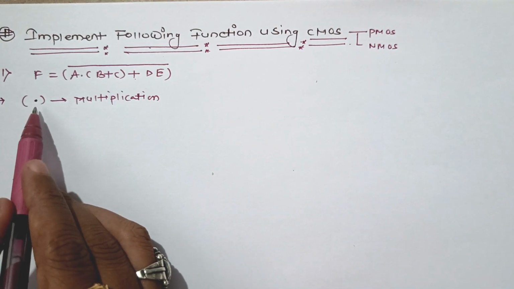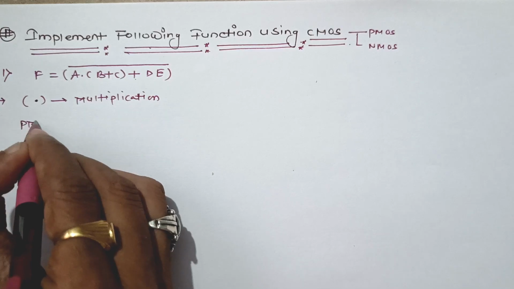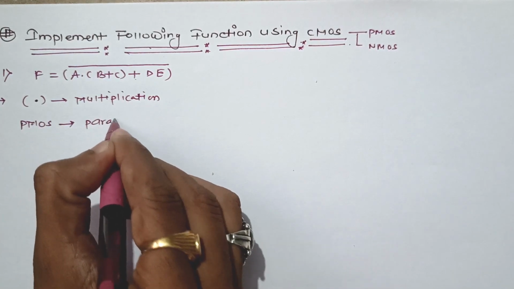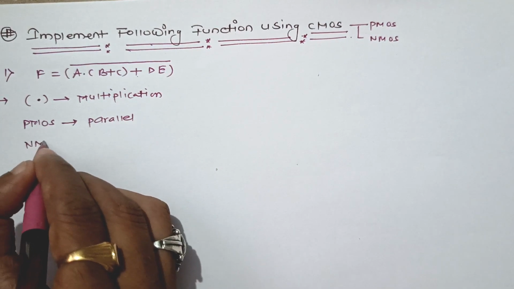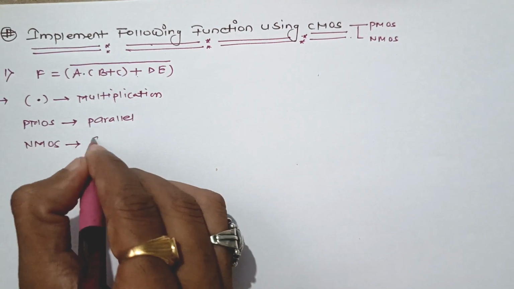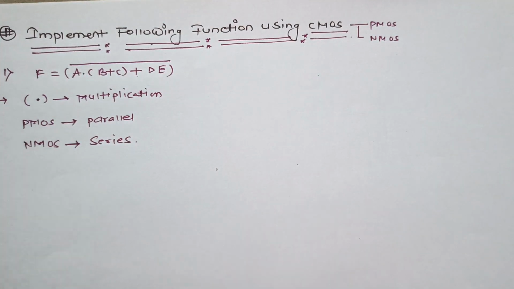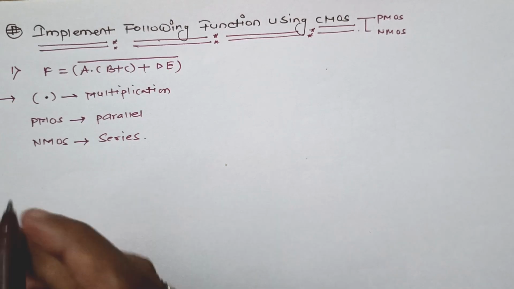So whenever we are having a multiplication operator, if we are using PMOS, it will be connected in parallel, and the counterpart NMOS will be connected in series. So for multiplication, PMOS parallel, NMOS series.